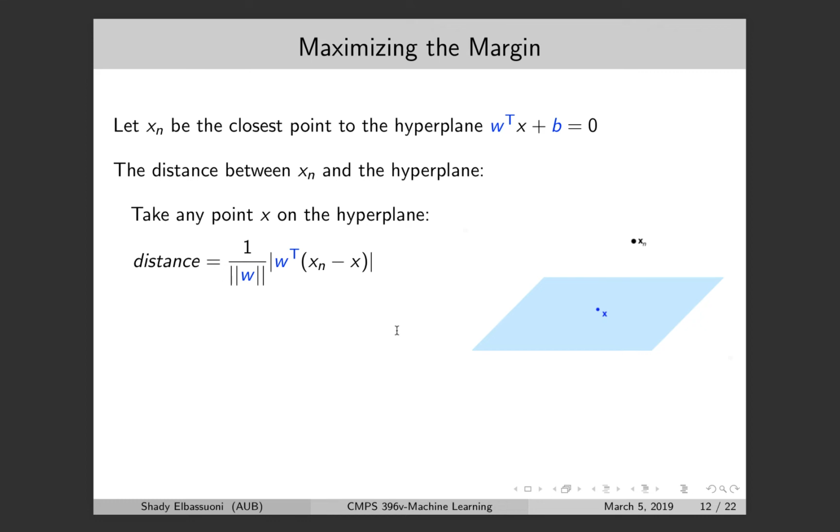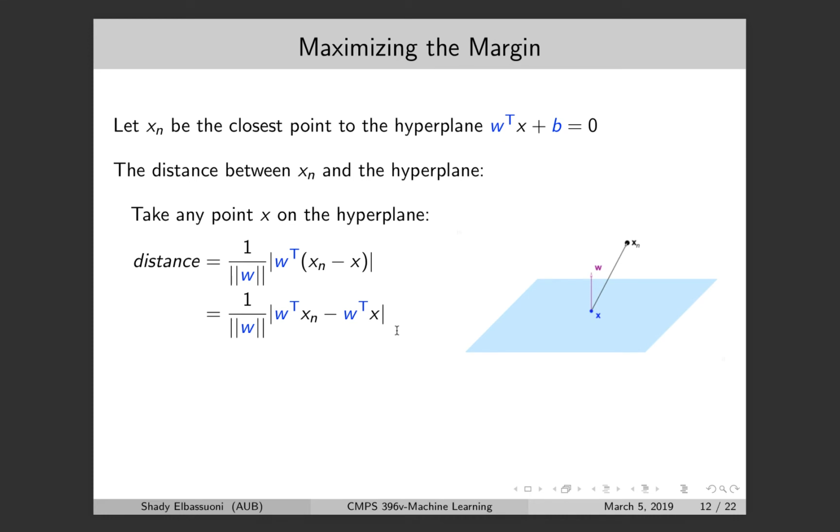The idea is to use the cosine of the angle between xn minus x and the vector w, and do some simplification. That tells me that the distance is 1 over norm w, absolute value of w transpose dot product xn minus x. Again, remember that w is perpendicular to the hyperplane in the x space.